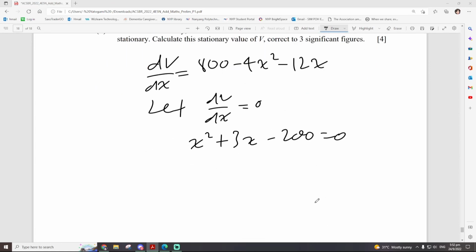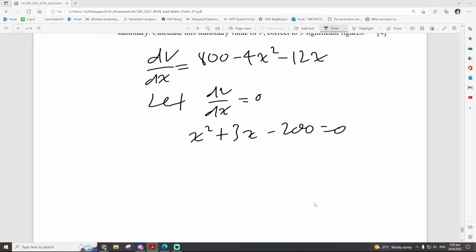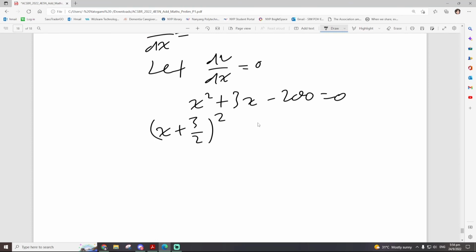Okay. So this is going to be an irrational result. So x plus 3/2 squared. If you minus a 9/4 on this side, then you minus another 200. So this is 200 plus 9/4, which is 809 divided by 4.